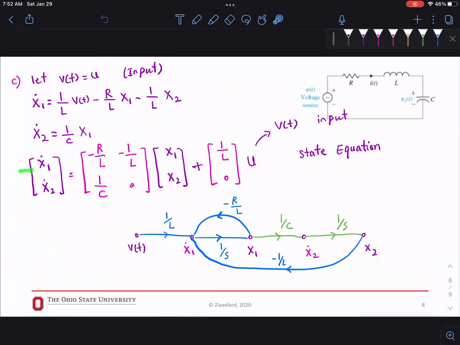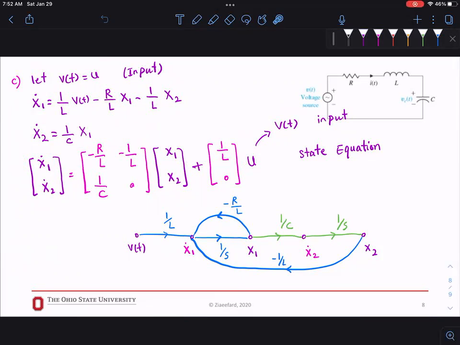Now for the first row, let's look at the first equation. x dot 1 is, whatever is the coefficient of x1 goes here, whatever is the coefficient of x2 goes here. This takes care of the first two, and then for u is the coefficient of u. Since we put Vt equal to u, we just changed that variable.